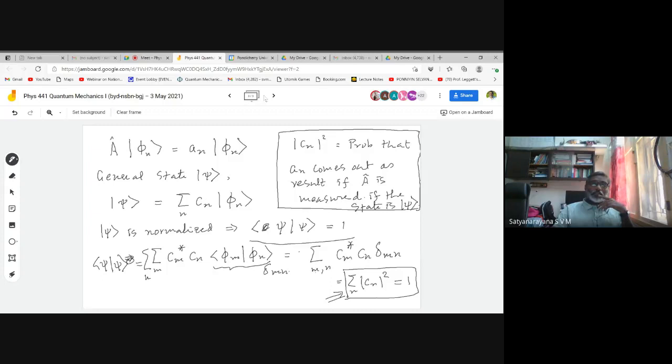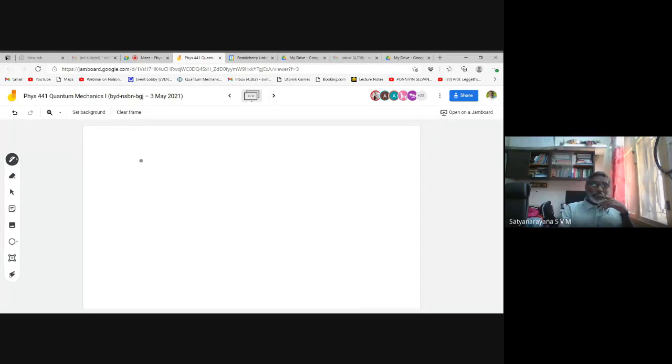Now once we are able to make this statement, your expectation value of A in psi is written like this. So postulates tell us that it is psi A psi. The denominator I don't have to write because this is normalized.